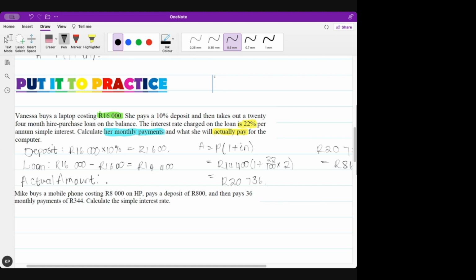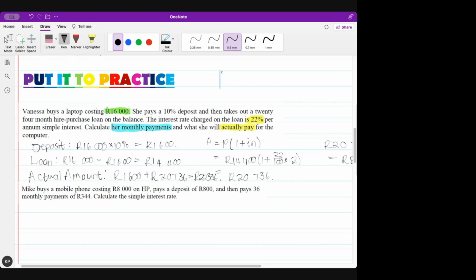There we go. So in total, this person pays 1,600 plus the loan amount, 20,736, and that gives us 22,336 for a laptop that costs 16,000 rands. Hire purchase is a nightmare.